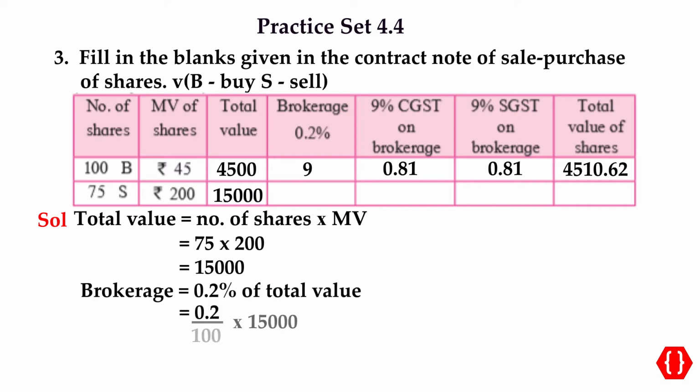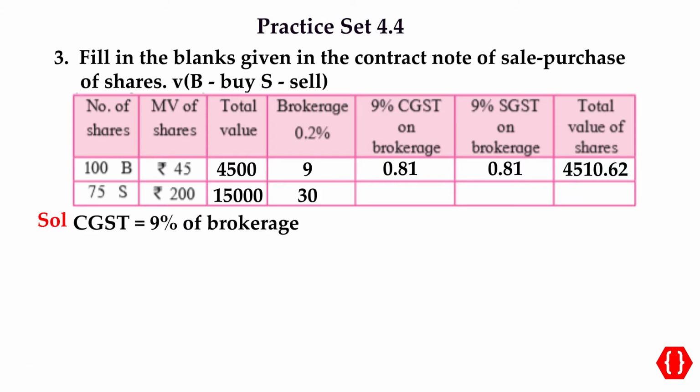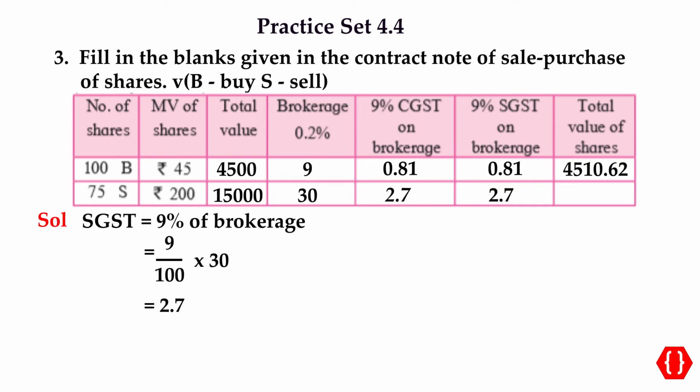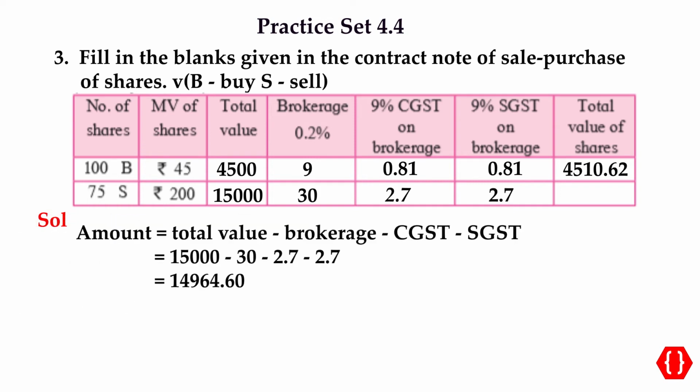By calculating, we get the brokerage as 30 rupees. 9% CGST is 2.7 and 9% SGST is 2.7. Now what is the amount received? Subtracting brokerage, CGST and SGST from total value, we get 14,964.60 rupees.